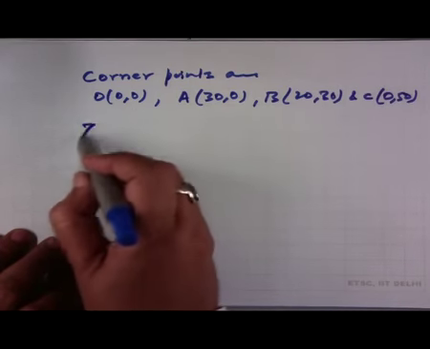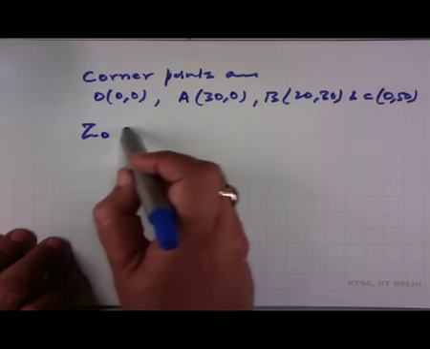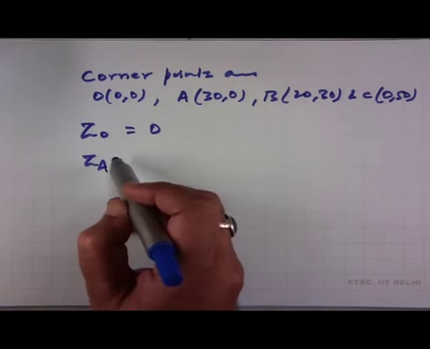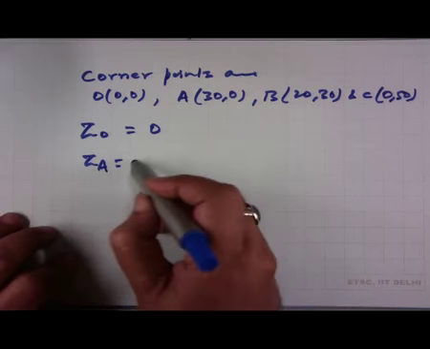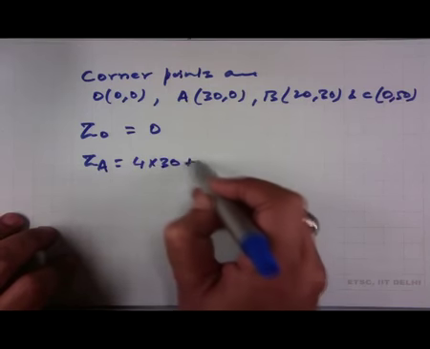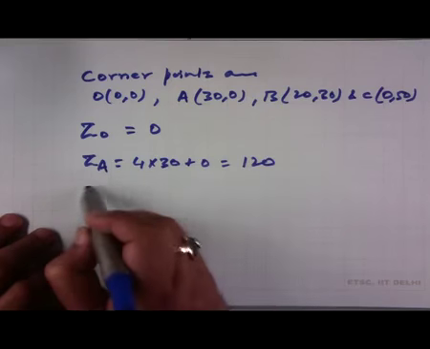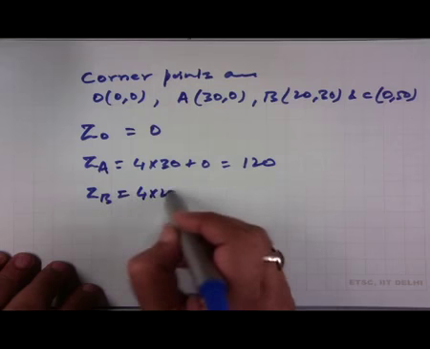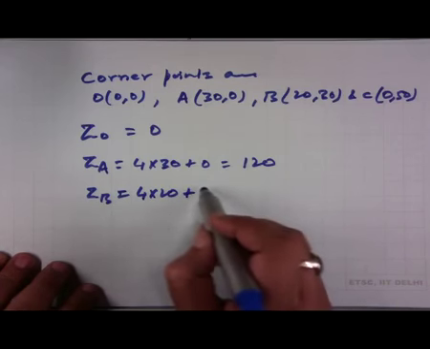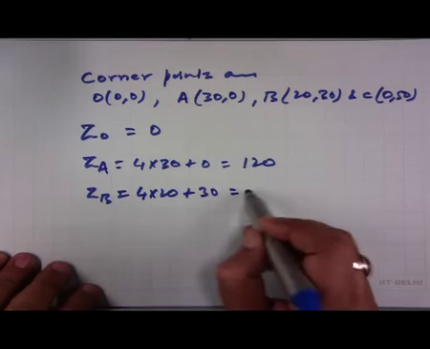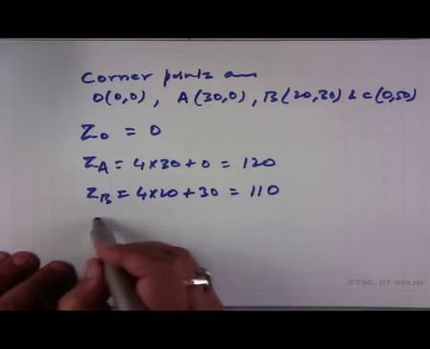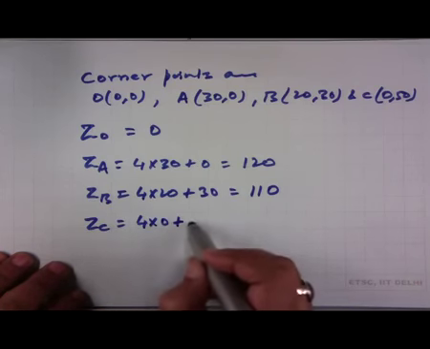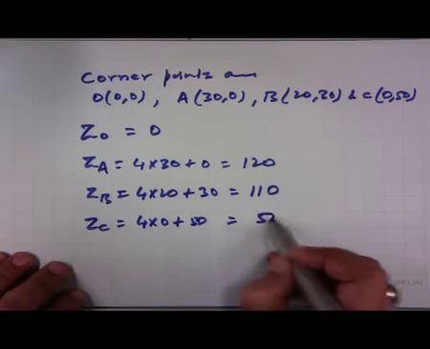So value of z at corner points: z0 equal to 0, za equal to 4 into 30 plus 0 means 120, zb equal to 4 into 20 plus 30, 110, and zc equal to 4 into 0 plus 50 equal to 50.